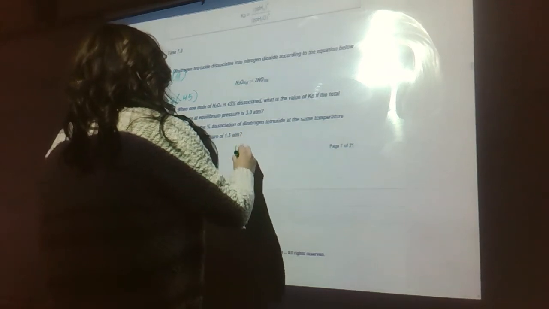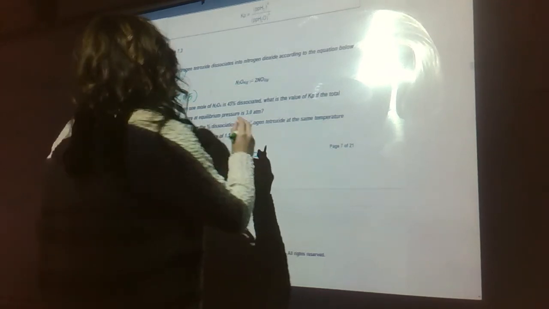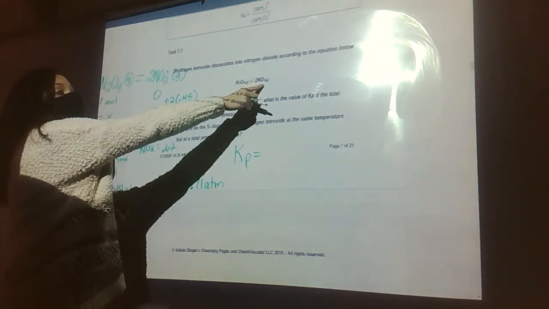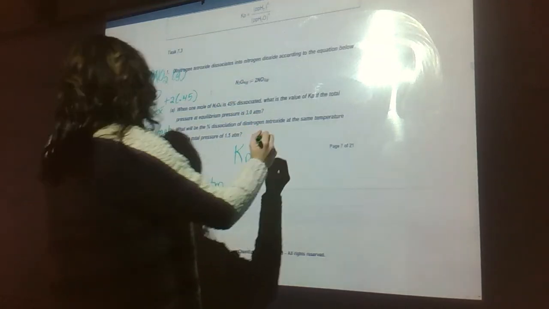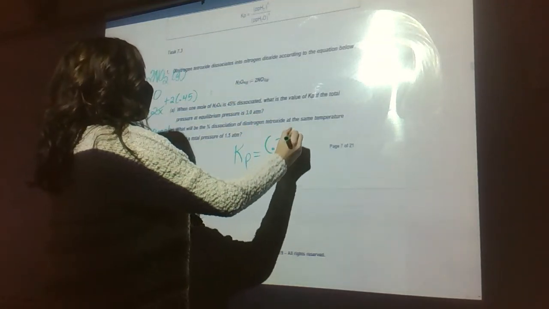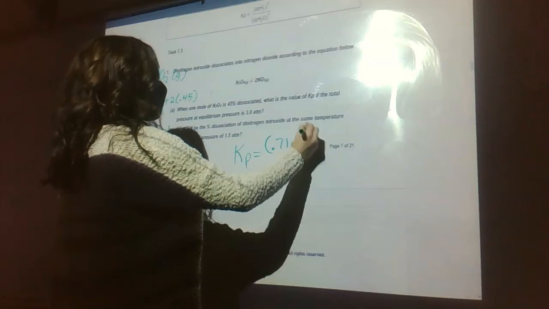So that number is just from dividing by 3? Multiplying by 3. I'm finding the part of the pressure. And then Kp is going to be the partial pressure of NO2 squared, so 0.71 atmospheres squared.